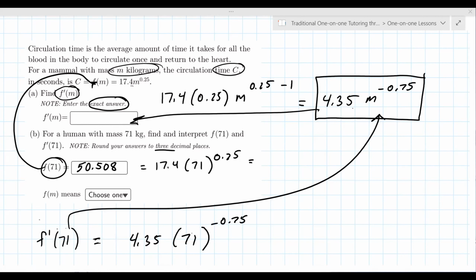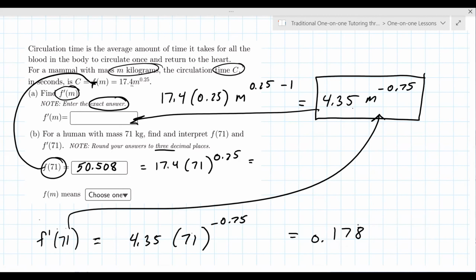Sounds good. So the answer here is 0.178. That's what I get here. Oh wait, so for a human with a circulation time, nope, that doesn't work. For a human of a mass 1 kilograms, the circulation time, I think I'm going to try the same thing. It's partially correct. Which ones did I not get right?